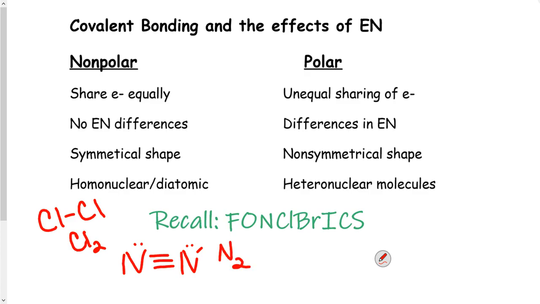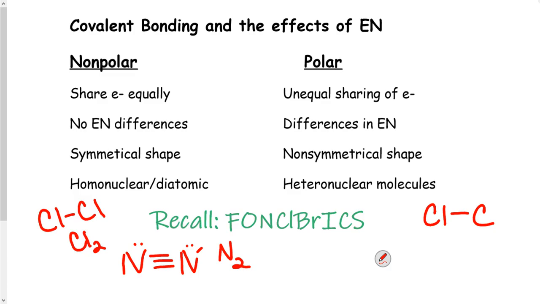And the opposite of that would be polar covalent, unequal sharing of electrons. Why? Because you have a difference in electronegativity. This is going to give us a non-symmetrical shape, and it results in heteronuclear diatomic molecules. So for example, you could have the combination between chlorine and, for example, a carbon.